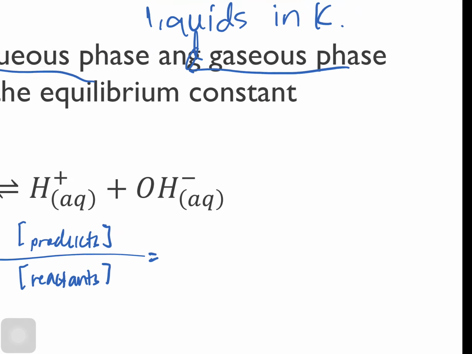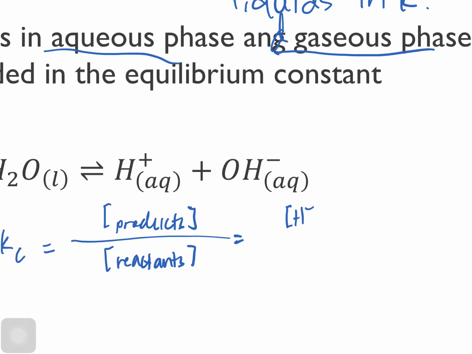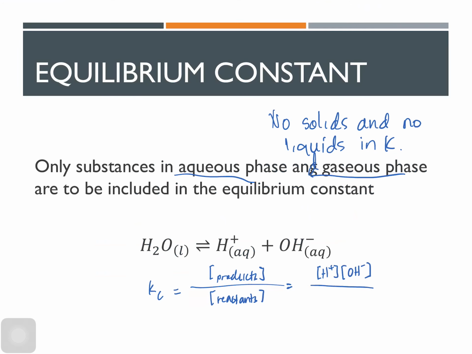For the product side, we have the concentration of H plus times the concentration of OH minus, divided by the reactant. According to the rule, only substances in aqueous and gaseous spaces are to be included.